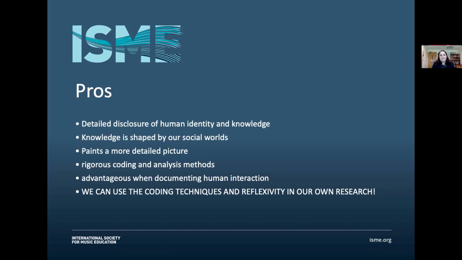Keep in mind that our knowledge is shaped by our social worlds. The way we speak, the way we behave, are all part of how we construct and interpret our knowledge, and that shapes us as individuals, it shapes our participants as individuals, and it also shapes the environment itself.